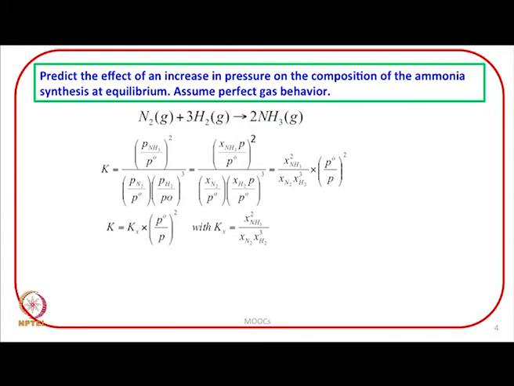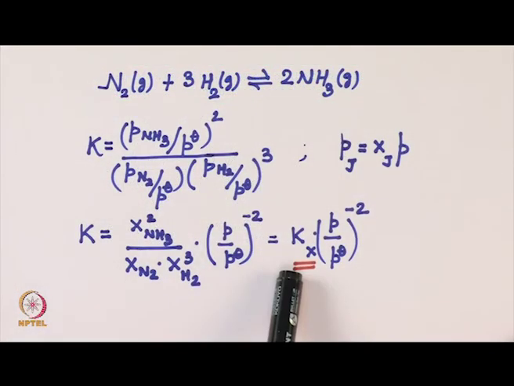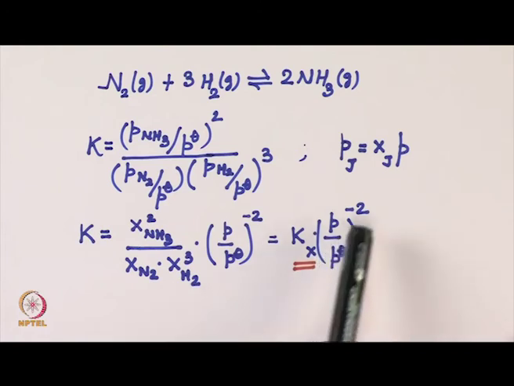And actually here, what I showed is K is equal to Kx into P by P naught raised to the power minus 2, which is same as P naught by P raised to the power 2.